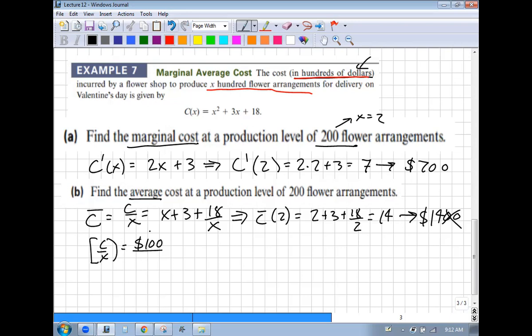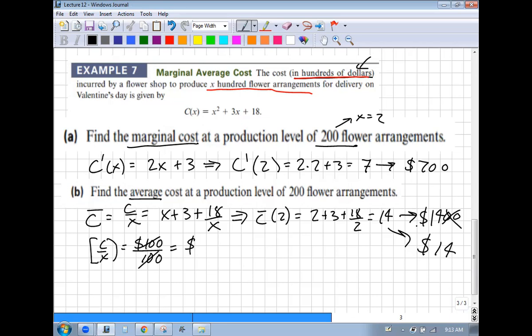And this is per 100 flower arrangements, right? Because they're both in hundreds, we just get dollars. So we don't want to do that here. This is just $14. The average cost per flower arrangement is $14 when you have 200 flower arrangements. Does that make sense?